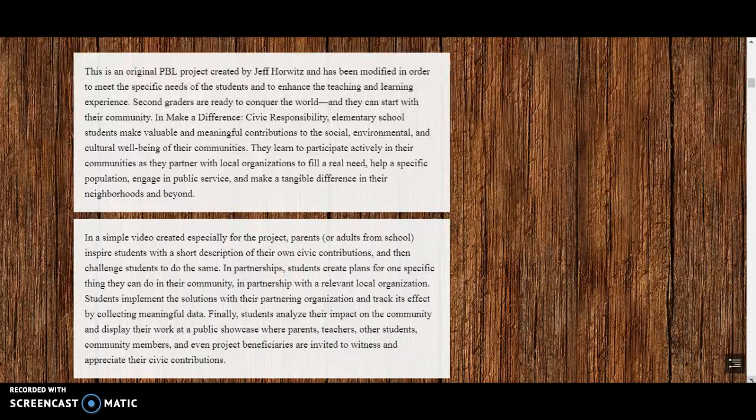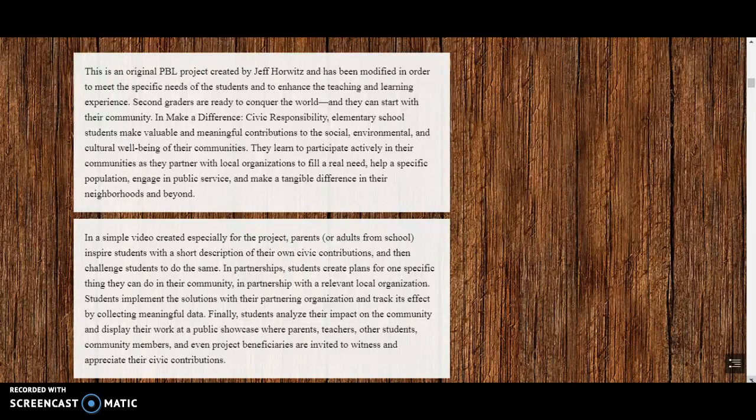In a simple video created especially for this project, parents or adults from the school inspire students with a short description of their own civic contributions and then challenge students to do the same. In partnerships, students create plans for one specific thing they can do in their community, in partnership with a relevant local organization.